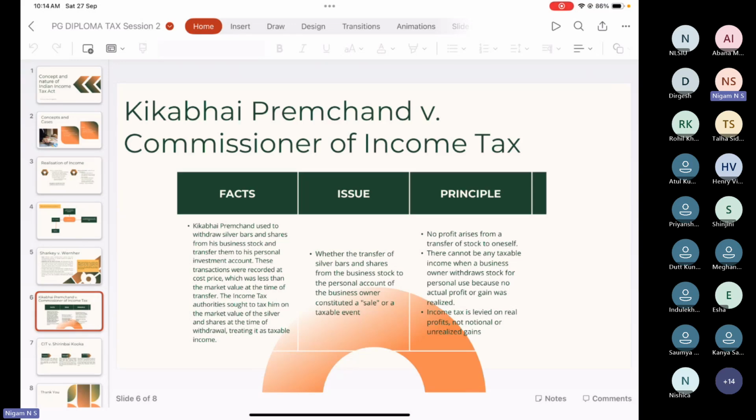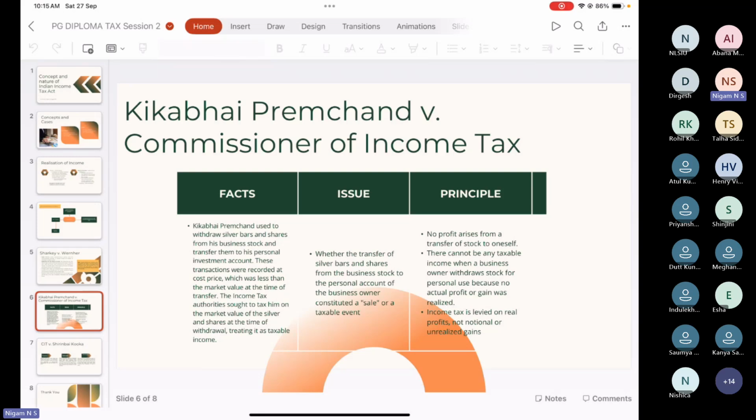So you can see straight away that there is a difference in treatment between the way the English cases treated this and the way the Indian cases treated it, right? And they said that income tax has to be realized, and there's no realization event happening here at the time. You can't trade with yourself when you're transferring that, right?